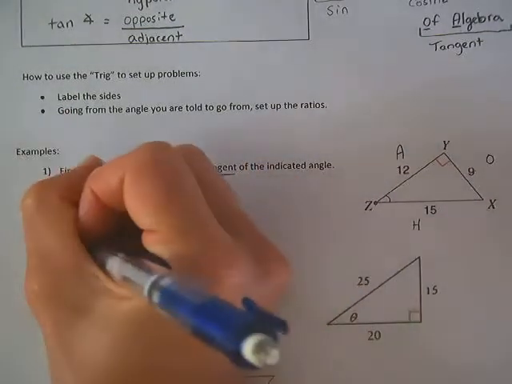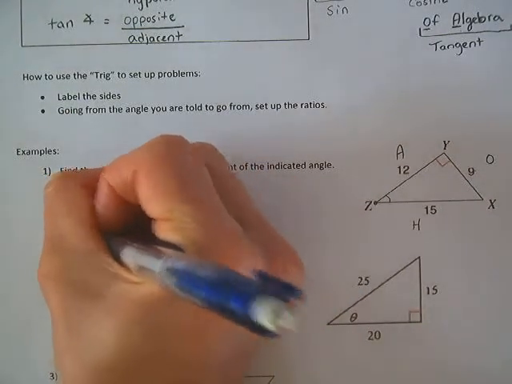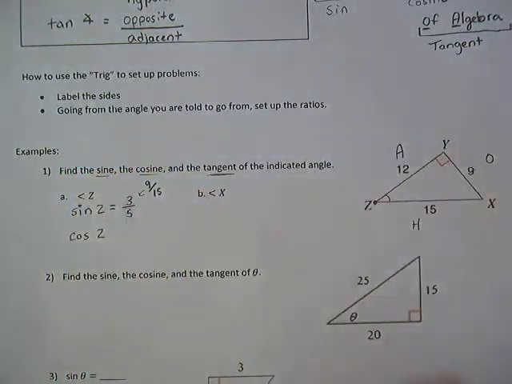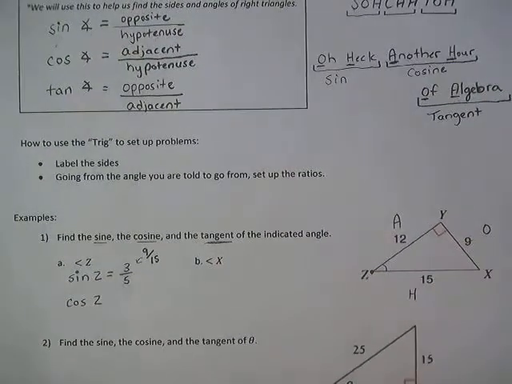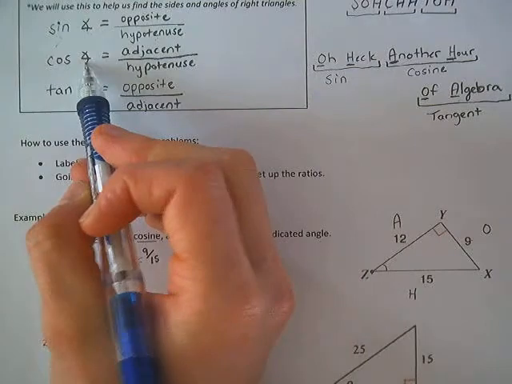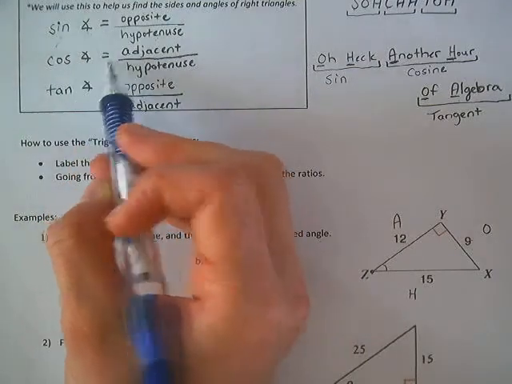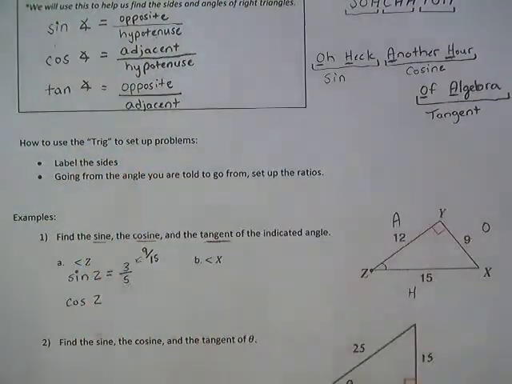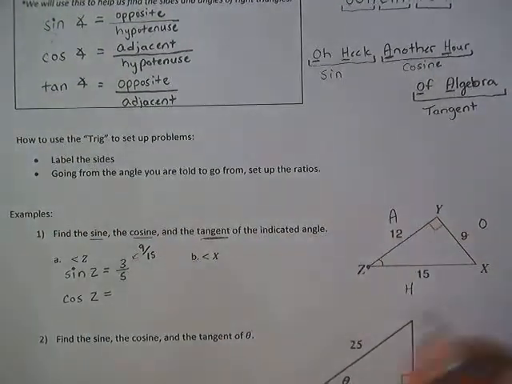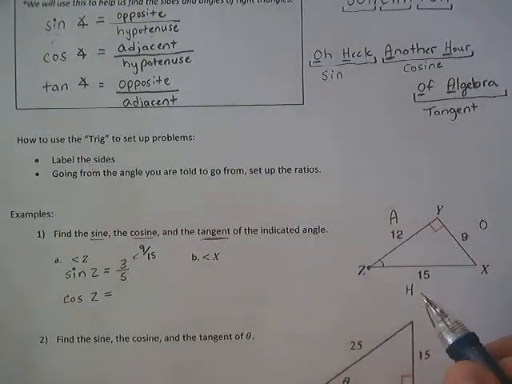All right. So then what if we're going to do the cosine of that angle? All right. So go back up here. The cosine of Z, of the angle, is equal to the adjacent side over the hypotenuse. All right. So when we do the cosine, we just have to take the adjacent side.